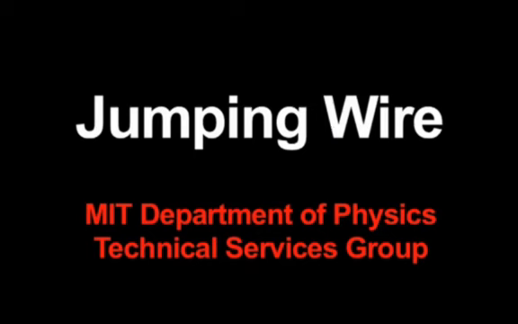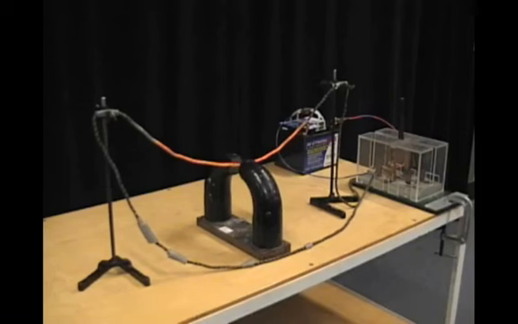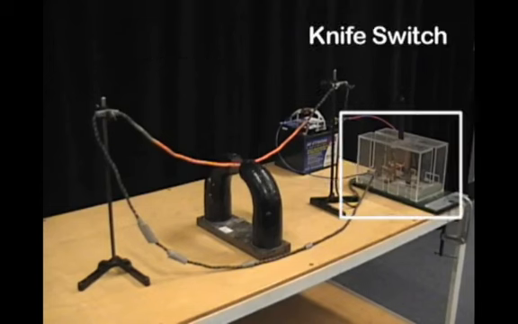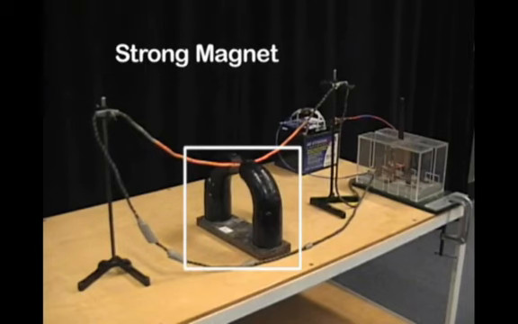Here's a video showing the force exerted on a current carrying wire in a strong magnetic field. So you see a 12-volt battery. There's a switch which can cause the current to flow in a long wire, and that long wire passes between the poles of a strong magnet.